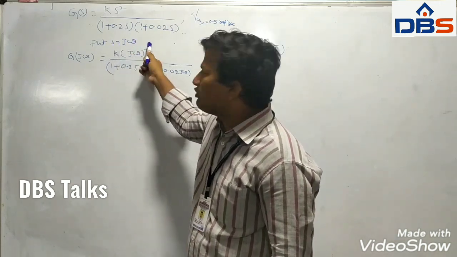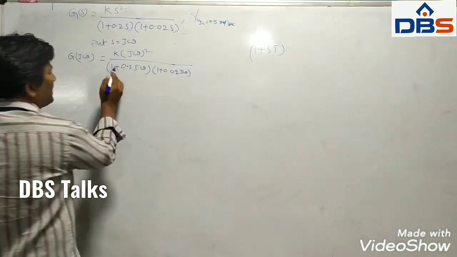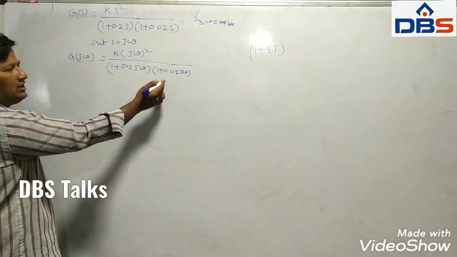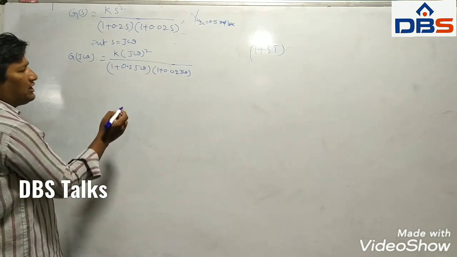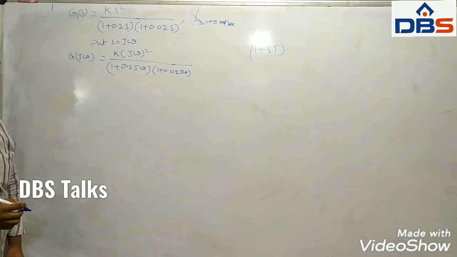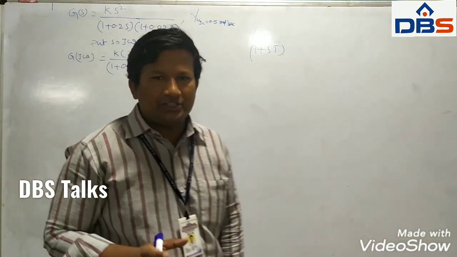Therefore G(j omega) equals K (j omega) square by (1 plus 0.2 j omega)(1 plus 0.02 j omega).